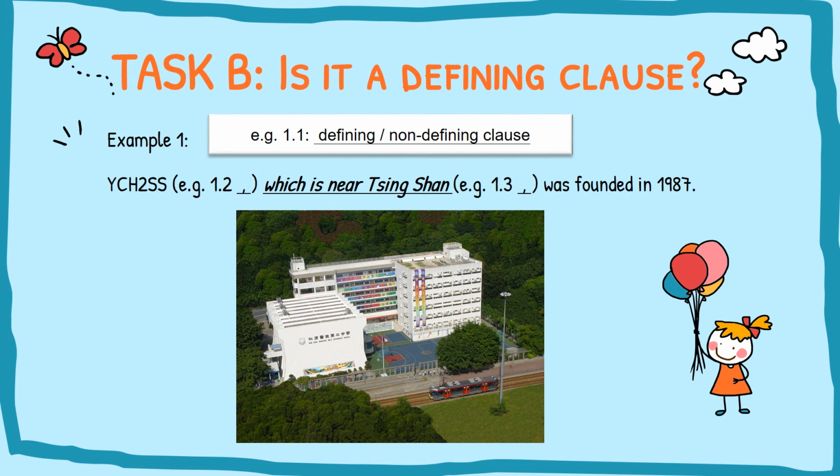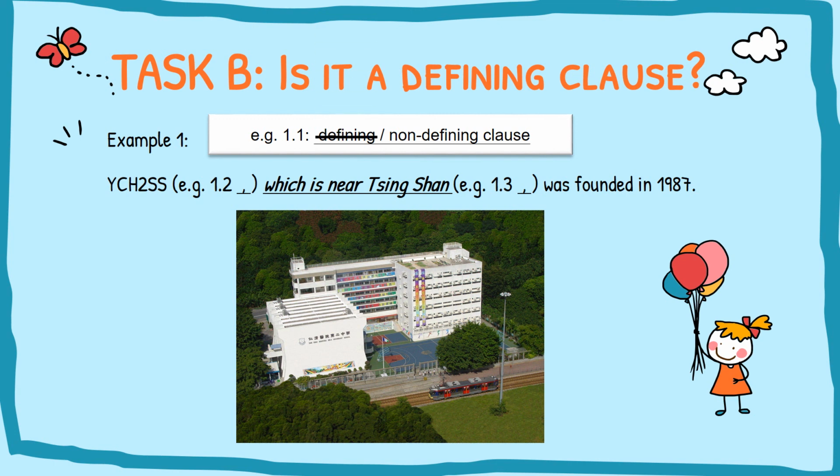So what you have to do is decide whether those words, which is near Chengshan, form a defining clause or a non-defining clause. And after you make a decision, to tell if it is a defining or a non-defining clause, you have to decide whether you should add one comma before this clause and the other comma after this clause.